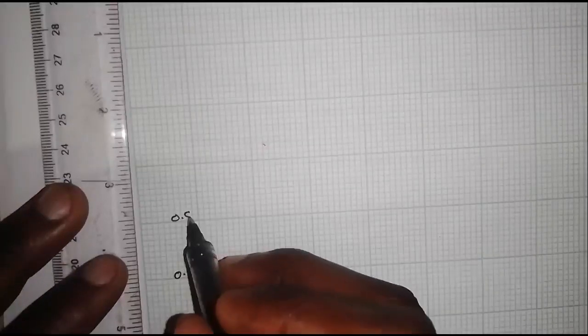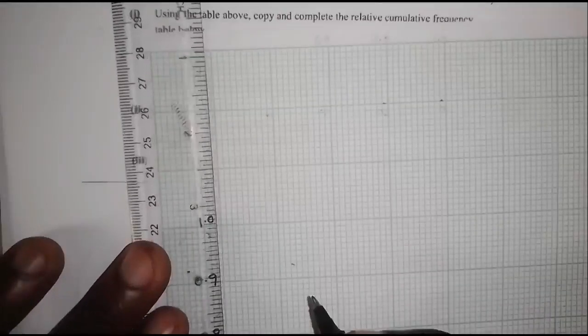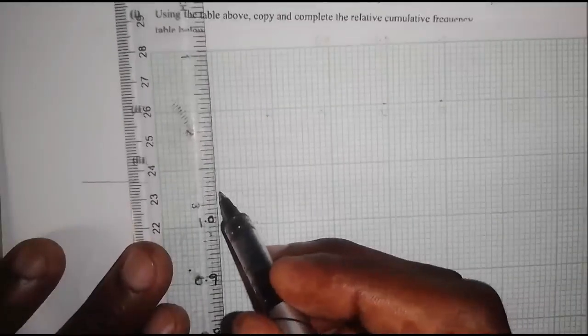Just extend a bit. Then 0.8, 0.9, and then 1.0. Okay, I made a simple mistake, but just extend a bit.